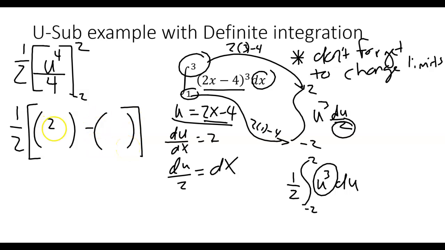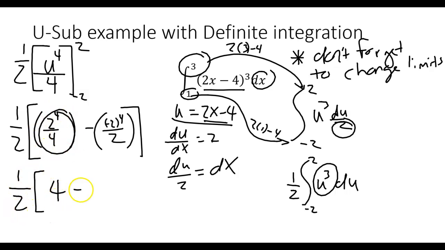We're going to plug in the 2, and we're going to plug in the negative 2. So this is 16 over 4, which is 4. This is also 16 over 4, which is 4. And we end up with 0 as an answer.